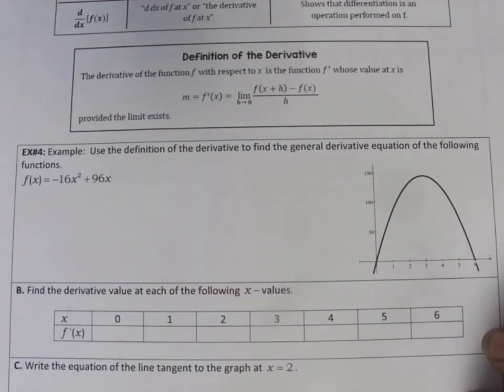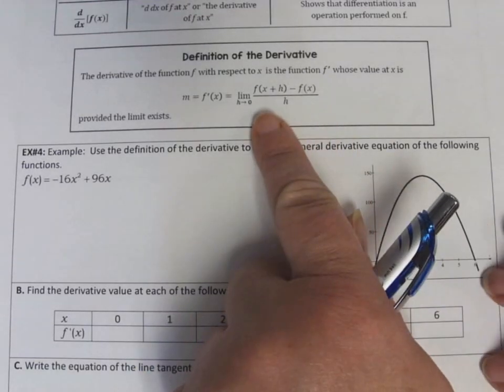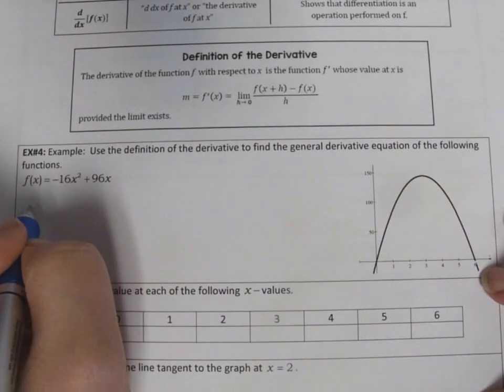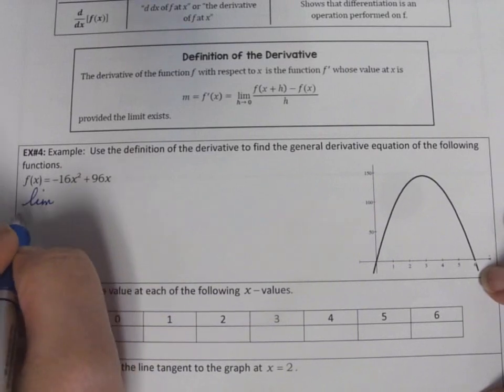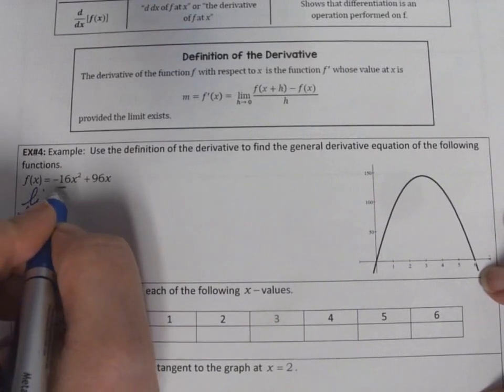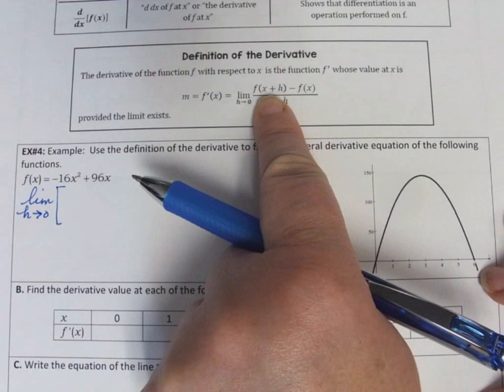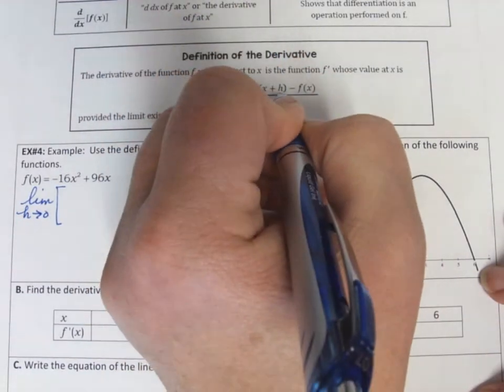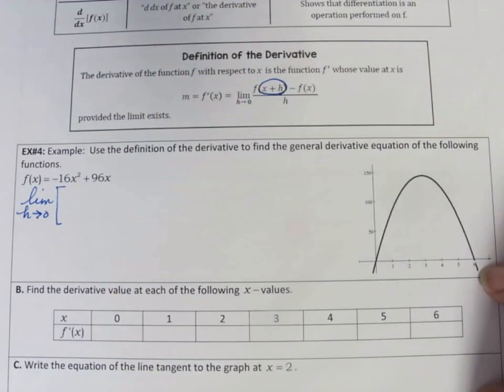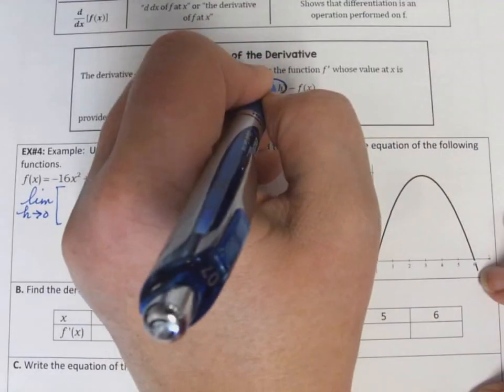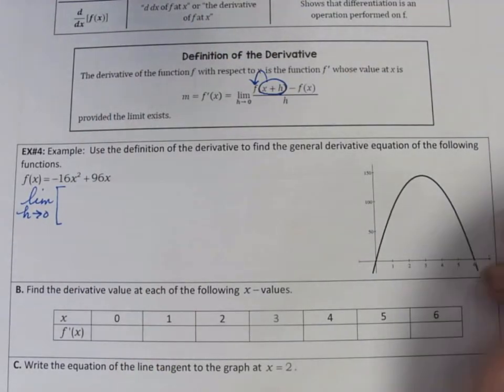So our function is f of x equals negative 16x squared plus 96x. So plugging into our formula, we have the limit as h approaches 0. Okay, f of x plus h. Remember, that means we're going to take x plus h and we're going to stick it inside of the equation.